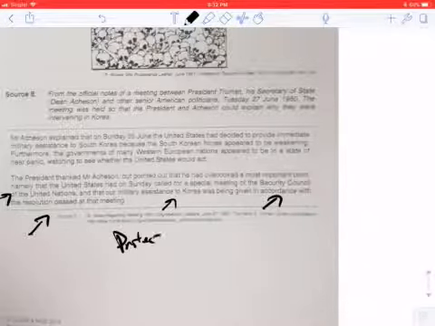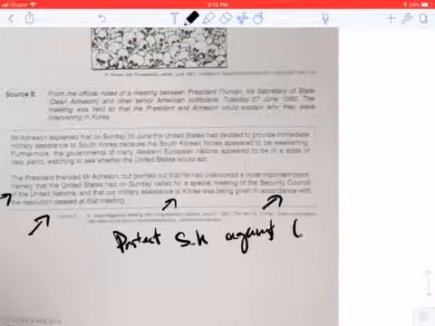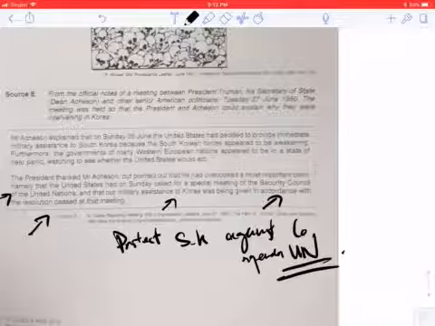So the US was involved to protect South Korea against communism. And this was the agenda of the UN. Okay? So in this case, it was not the US self-interest, but more of the UN, to protect the agenda of the UN. Okay? So that is how you do a cross-reference if you want to do cross-reference.